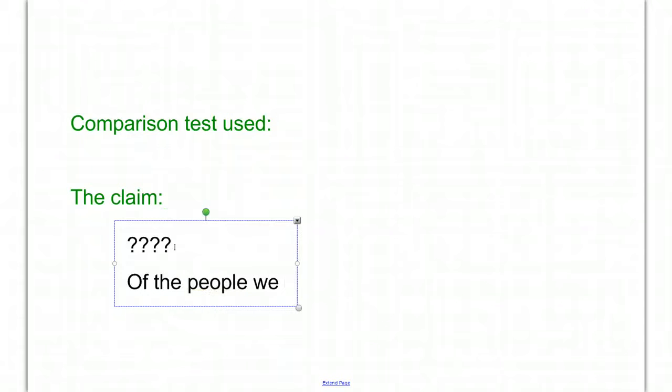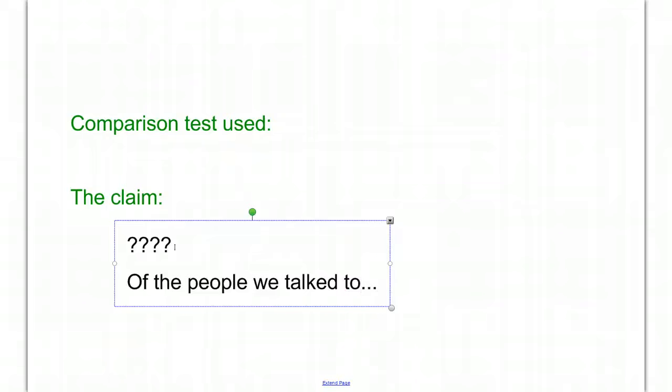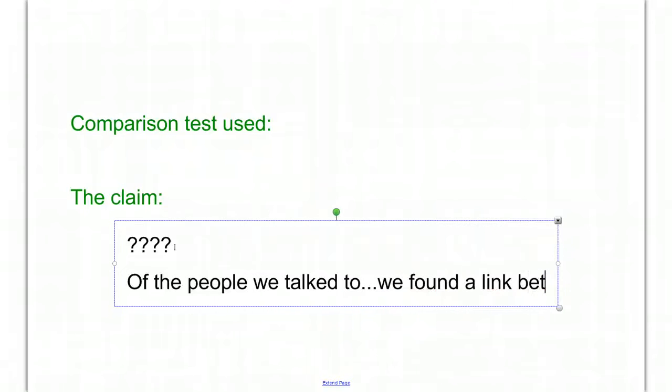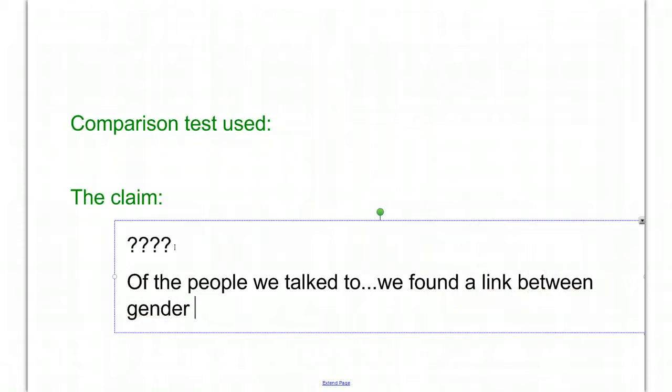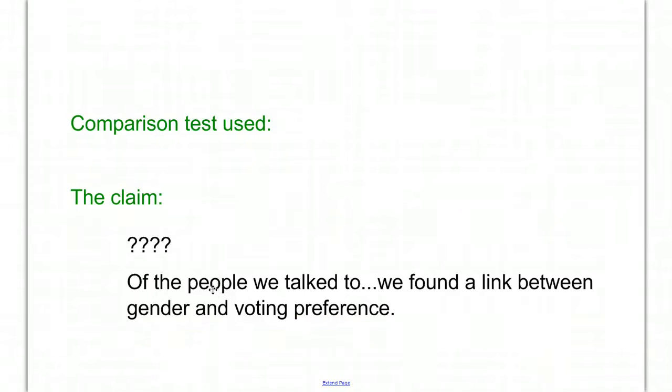The only real claim that we could make is of the people we talk to. So this doesn't apply to any general population, just of the people we talk to, we found a link between gender and voting preference. If you were to publish a result like this, nobody would care because it doesn't apply to a general population.